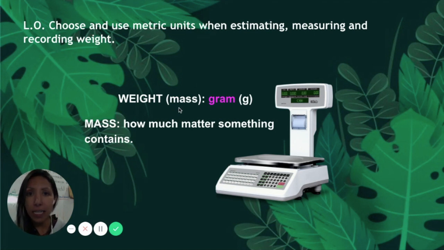And the unit of mass is the gram. And therefore, we also have kilograms. Kilo means 1,000, so 1 kilogram is 1,000 grams. But the standard metric unit of mass is gram.